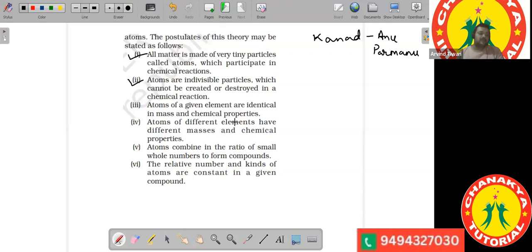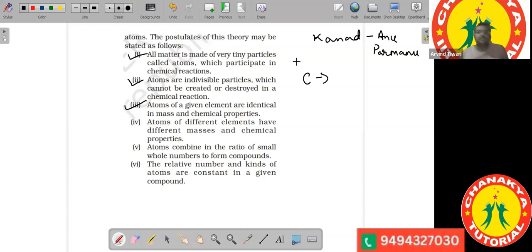Then atoms of a given element are identical in mass and chemical properties. Suppose you take atoms of carbon. Whatever atom of carbon you take, it will be similar in all respects.